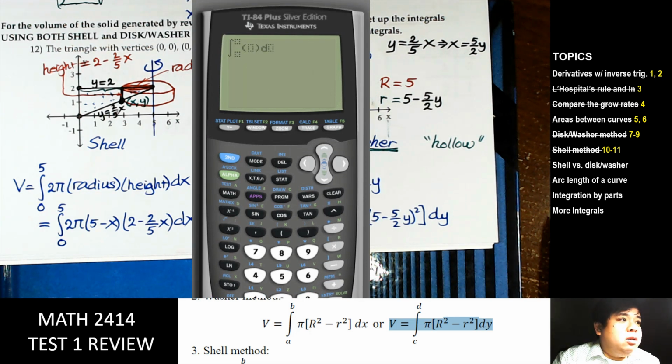Integral 0 to 5 of 2 pi times 5 minus x times 2 minus 2 over 5 x, dx. We have that number, 104.7. That's not important.